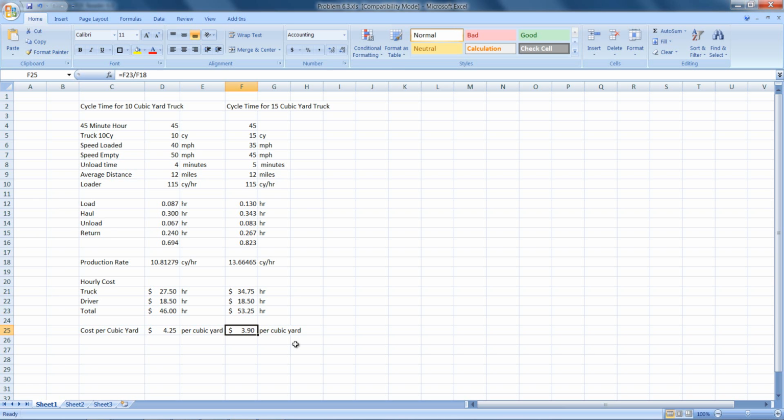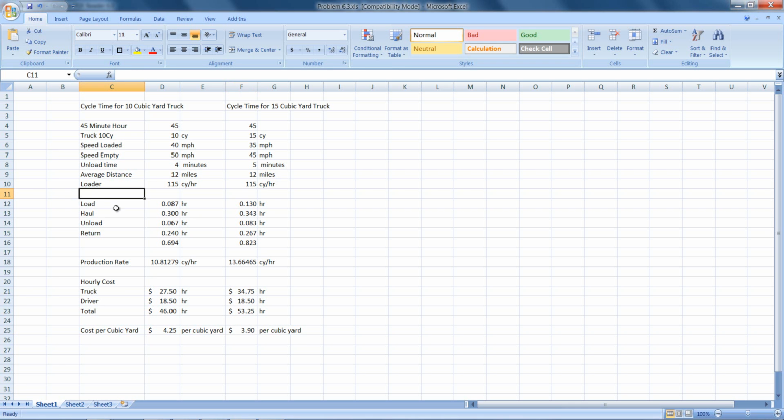It seems like a very difficult problem when you look at it, but if you just break down everything that they offer you, all the information, get those variables in there. You want to figure a production rate. We know the hourly cost, it was kind of given to us, and then we want to know our cycle time.